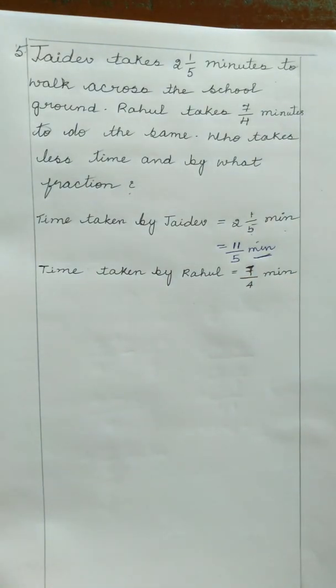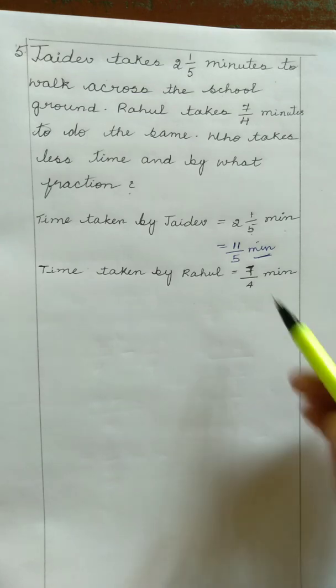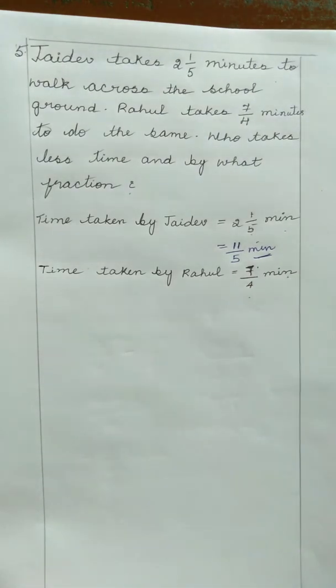Now, time taken by Rahul to walk across the school ground will be equal to 7 by 4 minute. Now, we have the fractions 11 by 5 and 7 by 4. We need to find out in the problem who takes less time and by what fraction. To do this, first let us convert these 11 by 5 and 7 by 4 fractions into like fractions in which denominators are same.